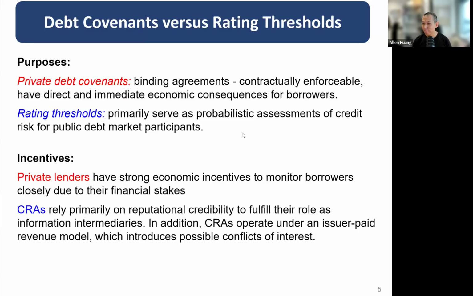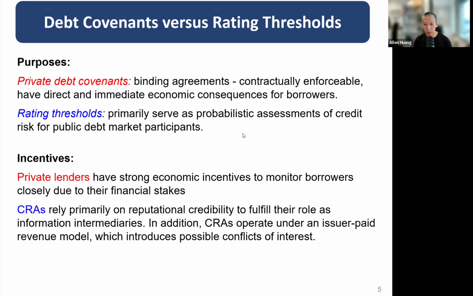Ayang, please go ahead. I just want to know a little bit more about the issuer-pay revenue model. I think we see in the private DealScan loan populations that not a lot of those borrowers actually have any credit ratings.